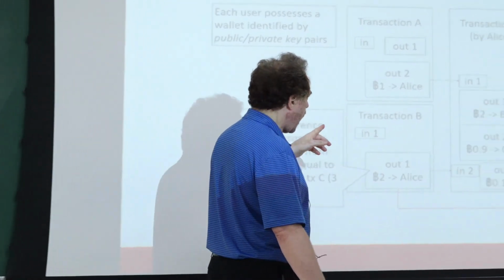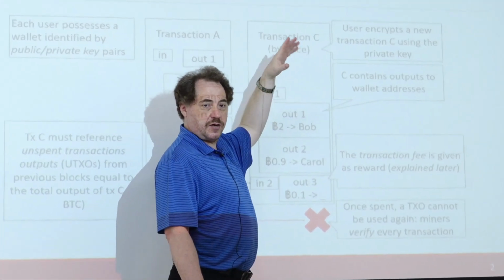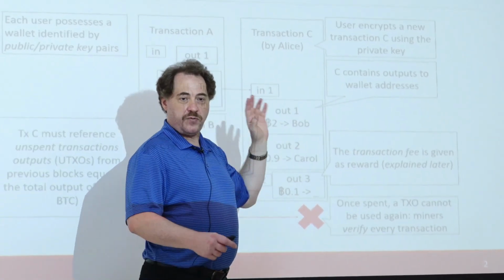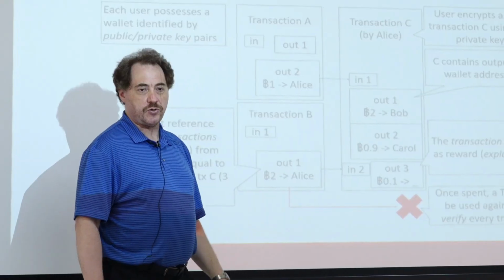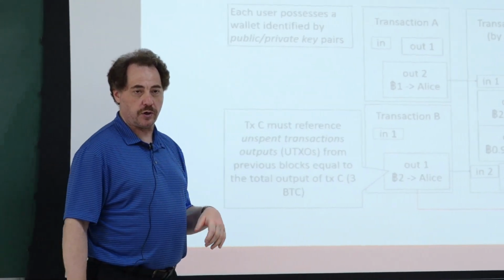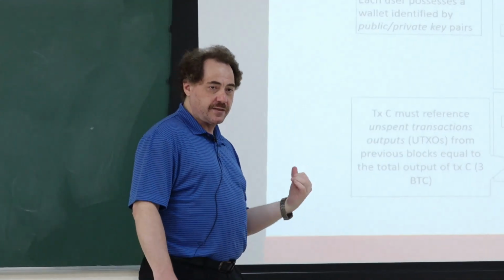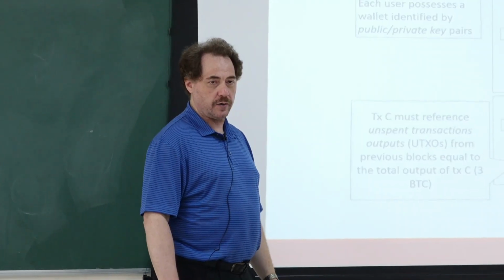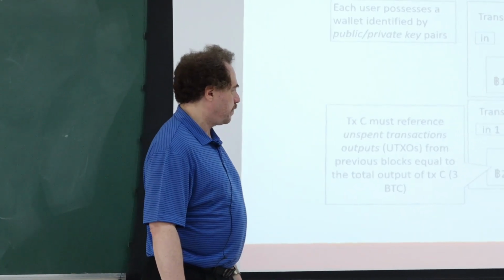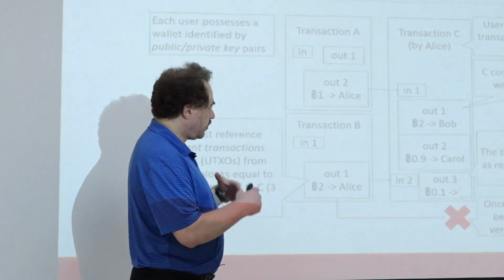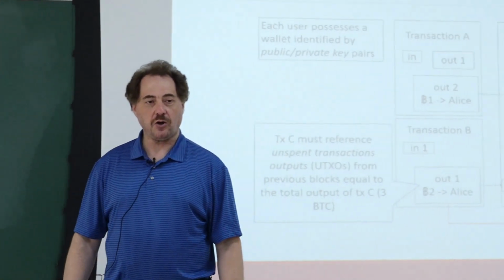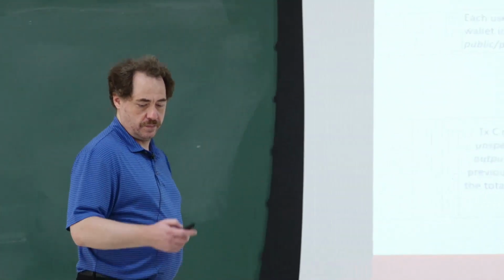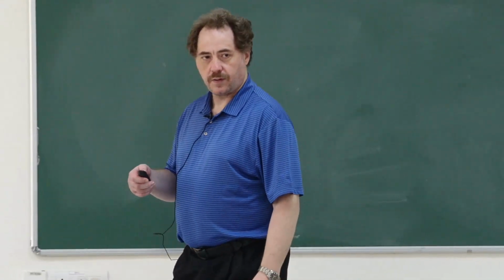But now, after transaction C has been included in the ledger, everyone would see that this output has already been spent. So it's not a UTXO any longer. It's not an unspent transaction output any longer, right? And then it's impossible to reuse the same output ever again. Okay?